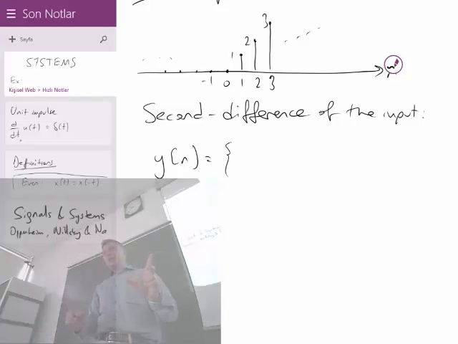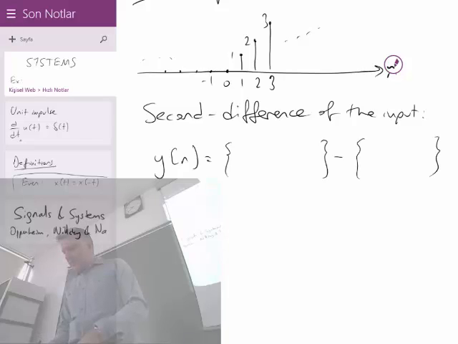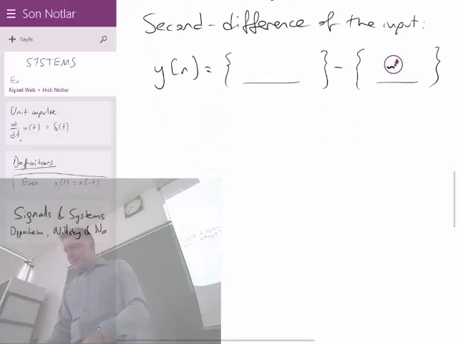It will be the second difference, but it will be like applying the first difference to the first difference signal. The first difference signal was here, and the shifted version will be here. Okay, that's what I'm trying to write. And it will be like this.